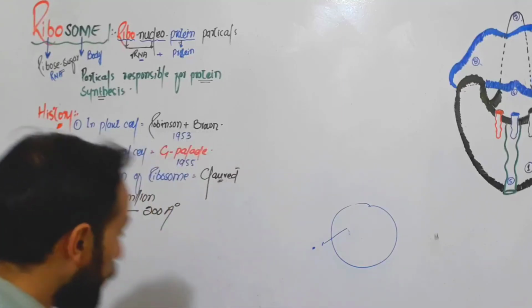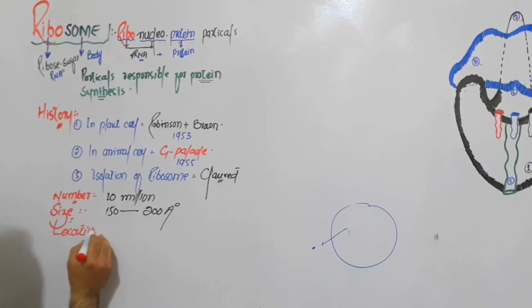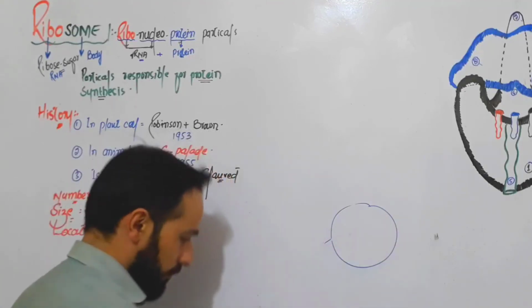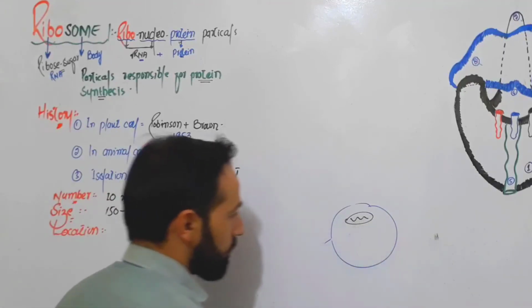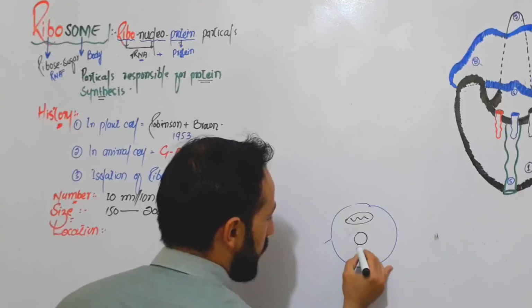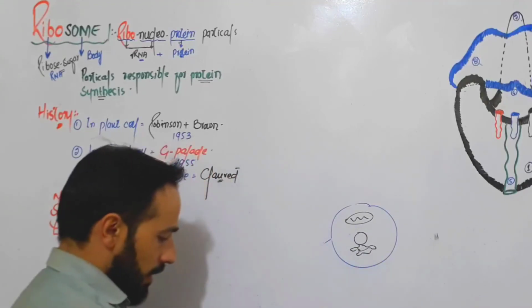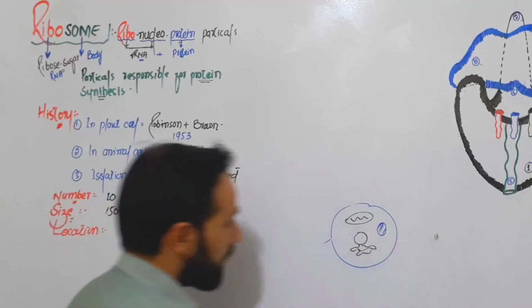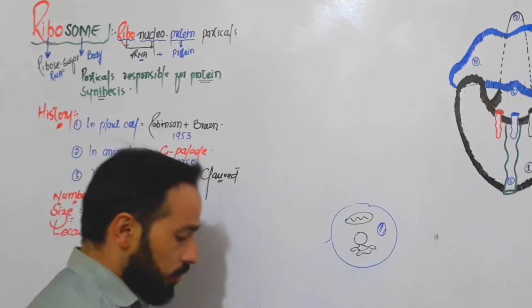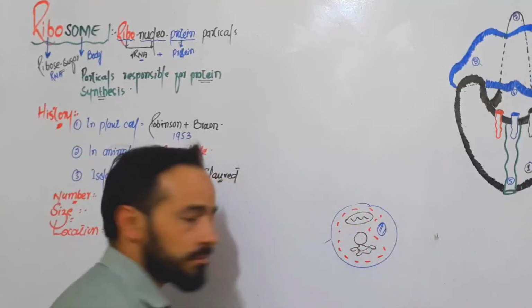Done. Then where is ribosome located? What is the location of ribosome? So we know that if we have here a cell, right, and here we have our mitochondria, then here is the nucleus, and here we have our endoplasmic reticulum, and inside the plant cell we have also plastids, right, and this is our cytoplasm. So some ribosomes are scattered in the cytoplasm, right?